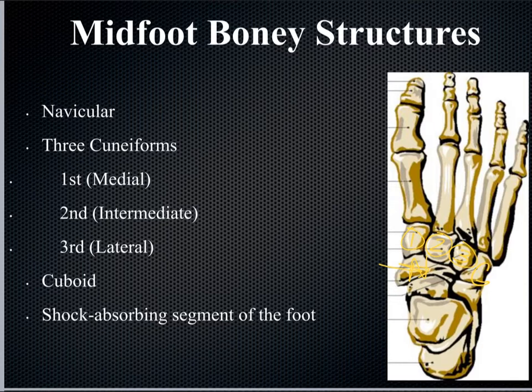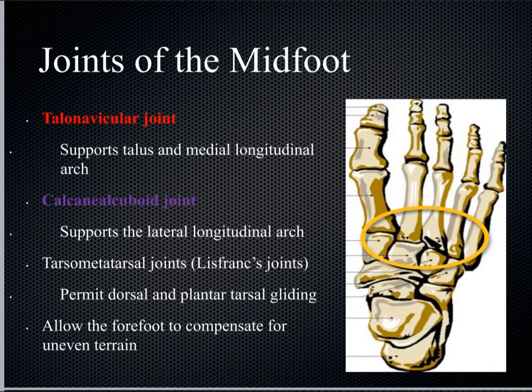So they are what we call the shock absorbing segment of the foot, because they are responsible. They are the key to the foot. They allow the foot to unlock just as much as they control the foot locking or becoming a stable structure all over again, right? Okay, so there are joints in the midfoot that become extremely important to remember.